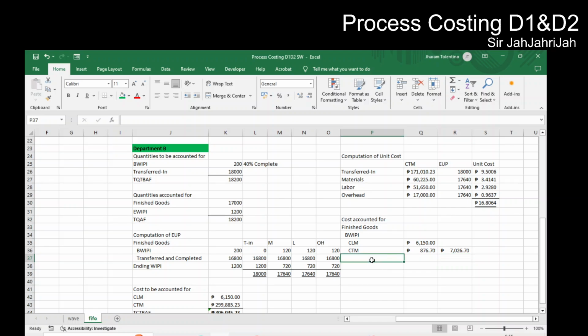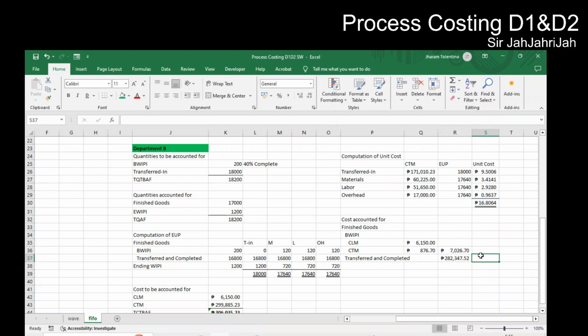And then we have transferred and completed. How much? We have 16,800 times 16.8064.